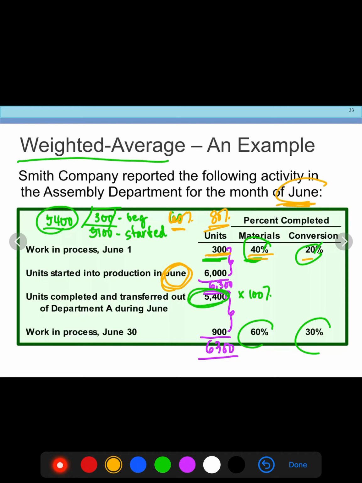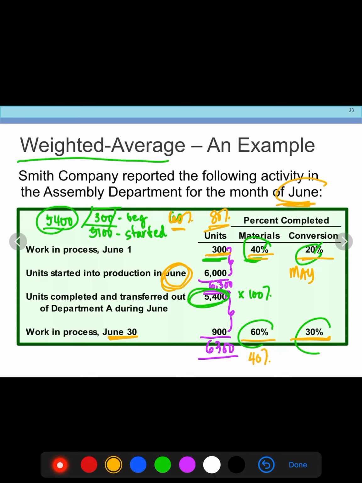Nasan si 40, nasan si 20? Si 40 at saka si 20, ni-report mo na nung May. Naka-report na siya sa May. Just like this, yung 60 at saka yung 30, naka-report siya sa June.